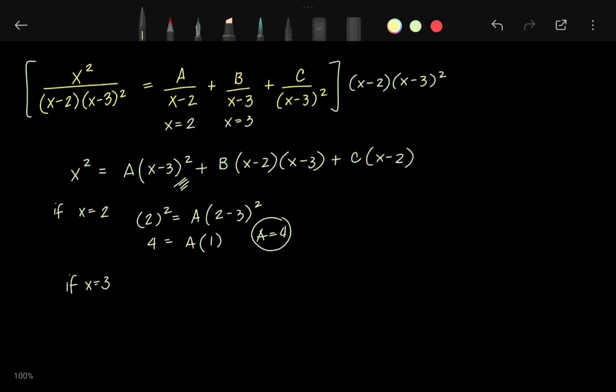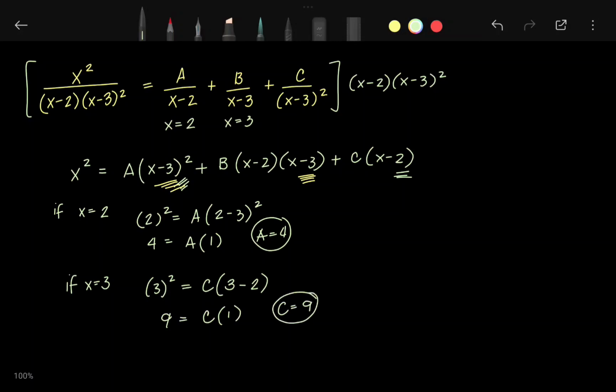It looks like this term becomes 0, so let's ignore that. This term will also become 0, so let's ignore that. Let's just focus on C. So we substitute 3. 3 squared equals C times 3 minus 2. 9 is equal to C, since 3 minus 2 is just 1. Therefore, C is equal to 9.